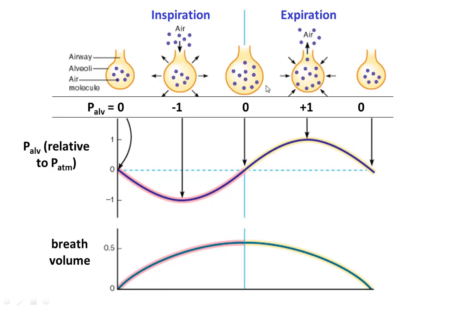The alveoli are compressed, and this elevates the pressure inside the alveoli to +1 millimeter of mercury or centimeter of water, and thus air gets out.